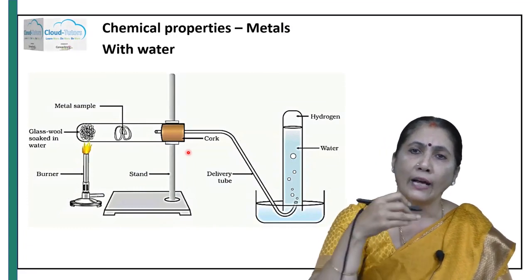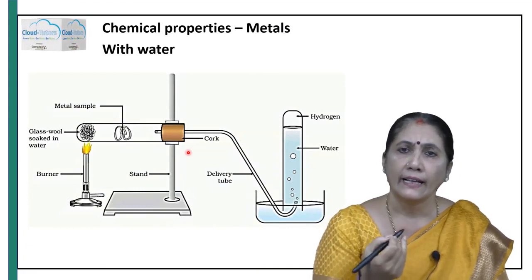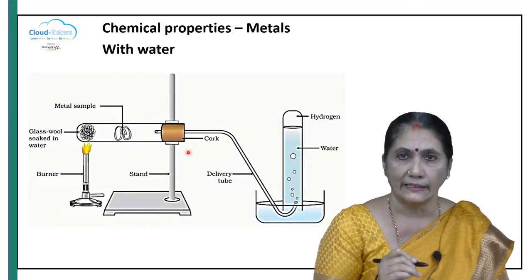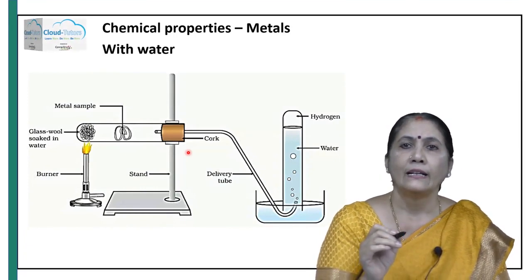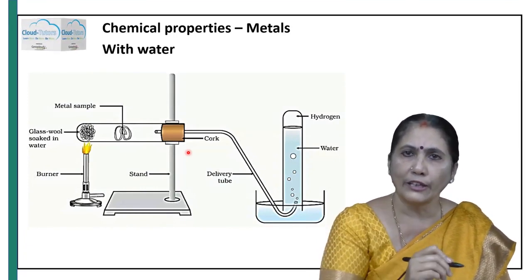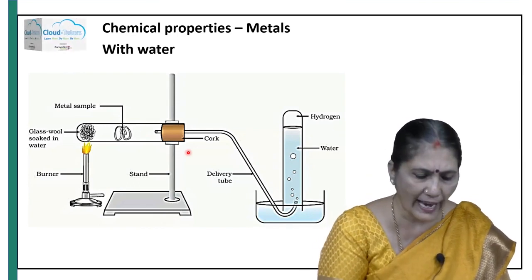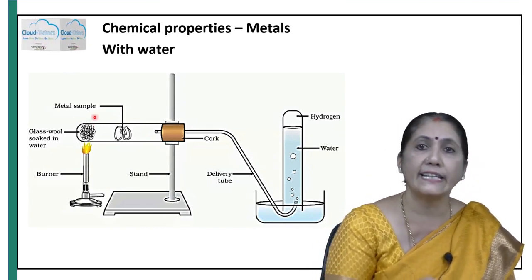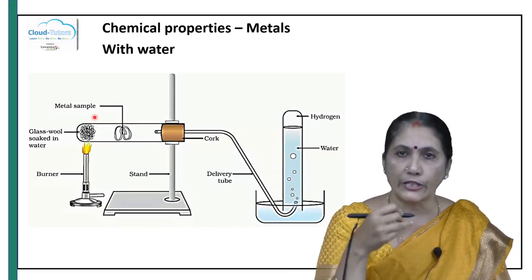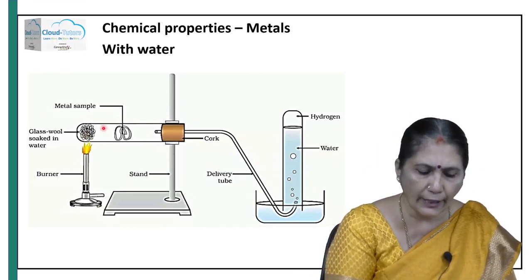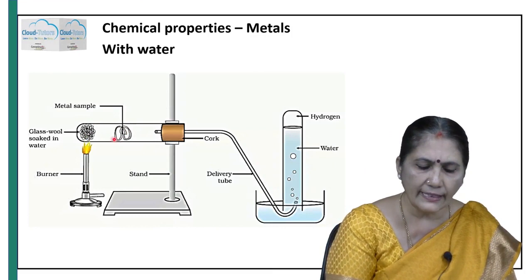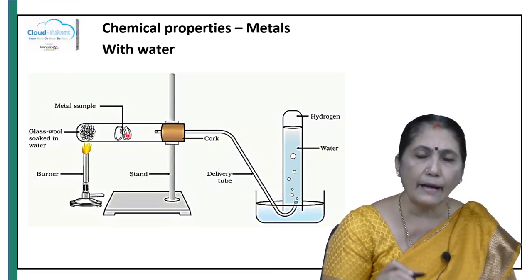Now coming to another metal, say for example iron, it will not react with cold water or hot water, but it can undergo reaction with what is known as steam. So steam is made to come in contact with iron, the metallic sample.